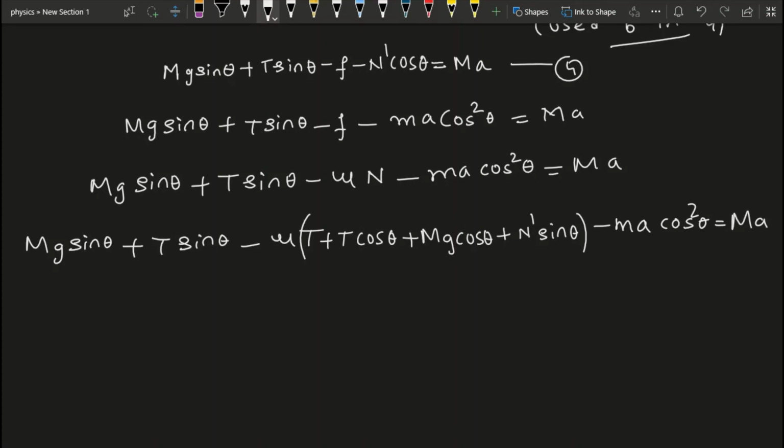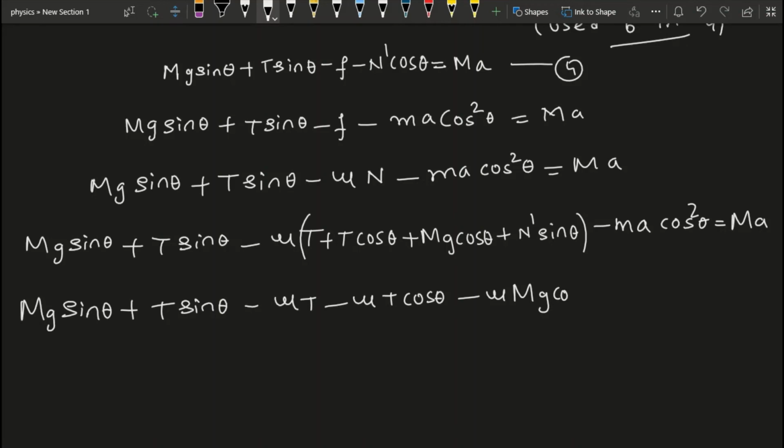Okay, now see what we have to do. Now we have to simplify this in a proper manner. Again, if you do anything wrong in simplification, definitely this entire answer will become wrong. So be careful in simplification. So capital M into g into sin theta plus T sin theta minus mu into T minus mu into T cos theta minus mu into capital M into g into cos theta minus mu into n dash into sin theta.